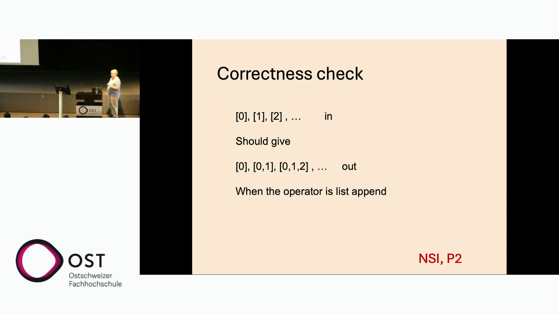If you take such a network and you give it singleton lists 0, 1, 2 as its inputs, and it then produces 0, 01, 012 out, that is, you use list append as your operator, then this will be a proof that you really have a functioning prefix network. So this is another example where we found an easy way to do a proof of something apparently hard. This is related to parametricity for those of you who know about such things.